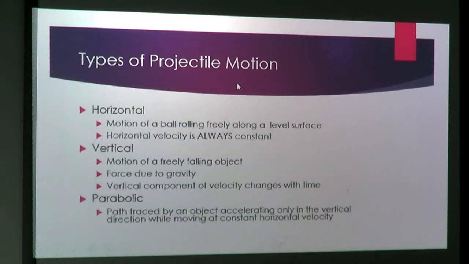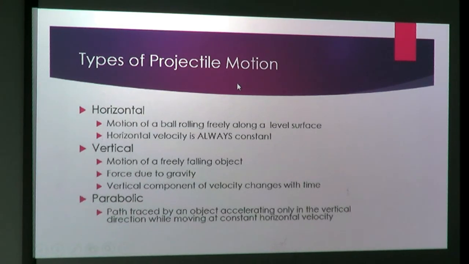Types of projectile motion are on the slide already. Horizontal: an example is the motion of a ball rolling along a level surface; horizontal velocity is always constant. Vertical: vertical motion of a freely falling object, force due to gravity, the vertical component of velocity changes with time.